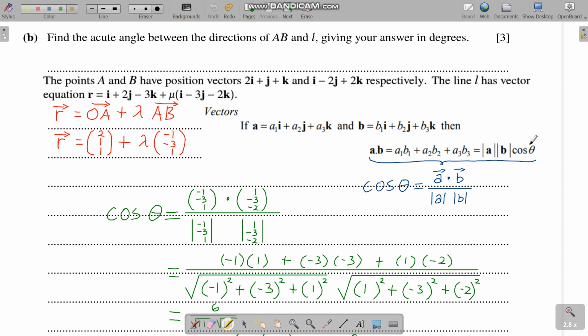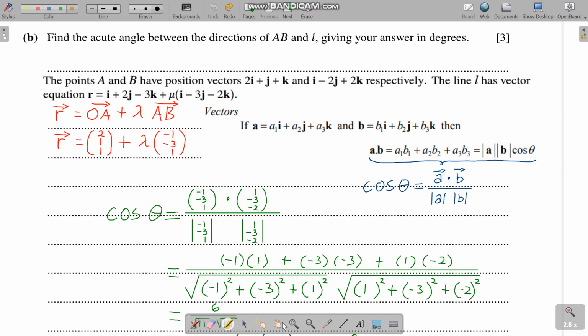If you rearrange this, make cos theta the subject, we have A dot B divided by magnitude of A times magnitude of B. So the vectors we are using are the direction AB, which is (minus 1, minus 3, 1), and the direction of the other line, which is (1, 3, minus 2).